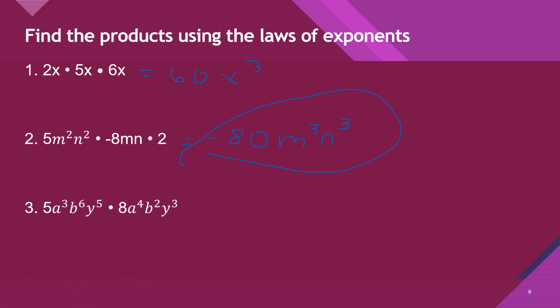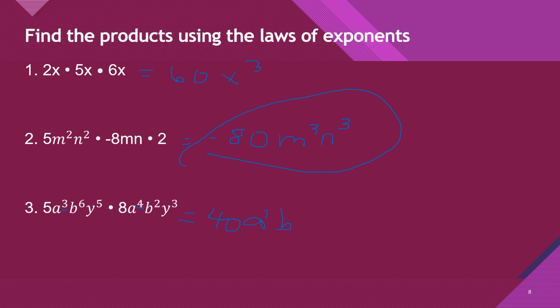And for number 3, 5a cubed b to the 6 y to the 5 times 8a to the 4th b squared y cubed. So 8 times 5 is equal to 40. Then for a, 3 plus 4 is equal to 7. Then the next literal coefficient is b.